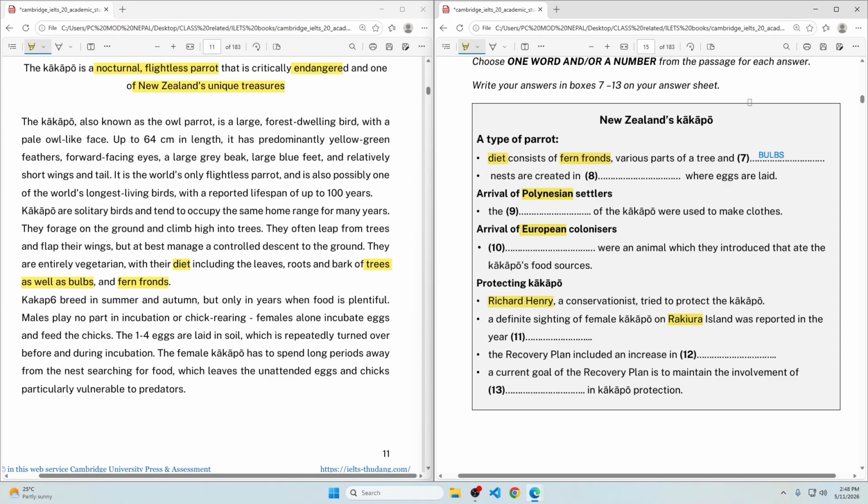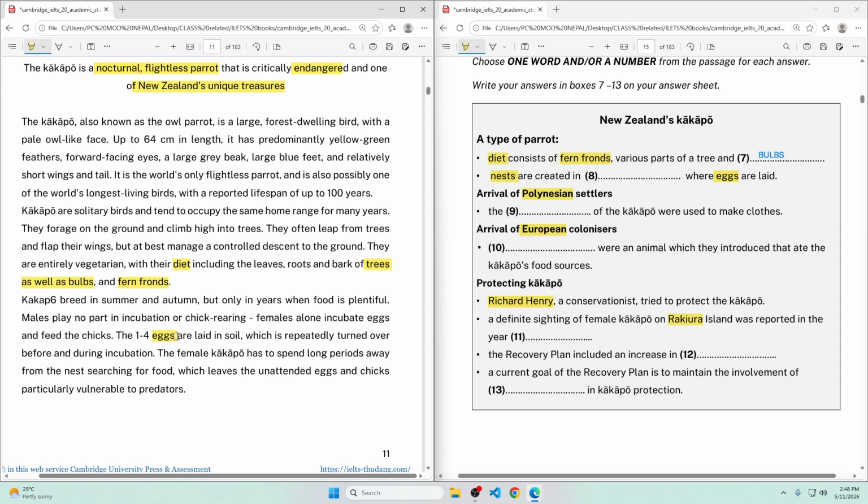The next question is question number 8. We have nests and we have eggs. Let's find nests and eggs. Since this is sequential, we are not going to go before the place where we found our answer. What we are going to do is follow the passage into the next sentence, or in this case, the next paragraph. We have eggs.